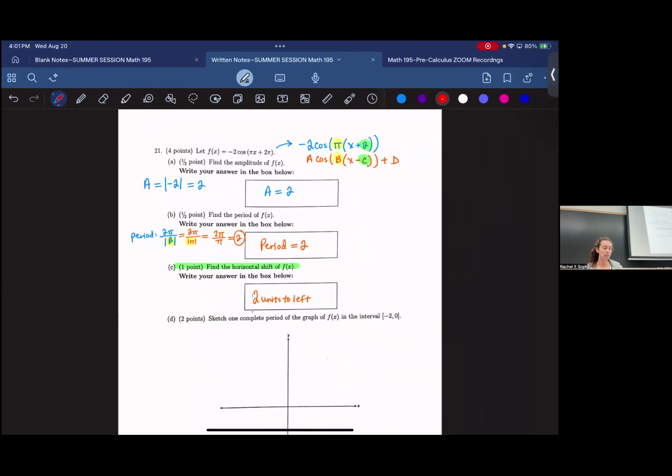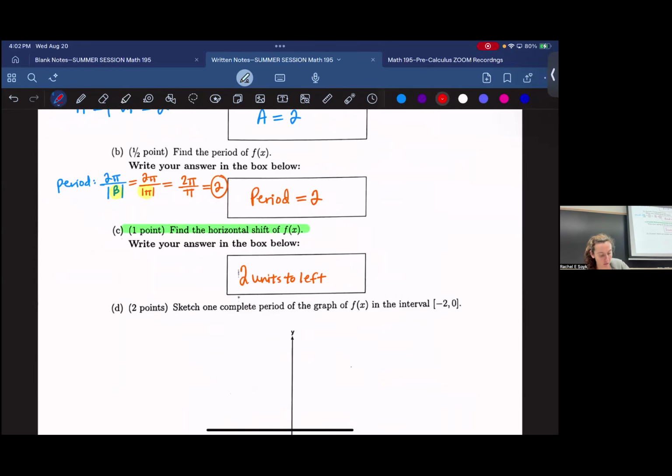Finally, we are asked to sketch one complete period of the graph along the interval they give us, -2, 0.